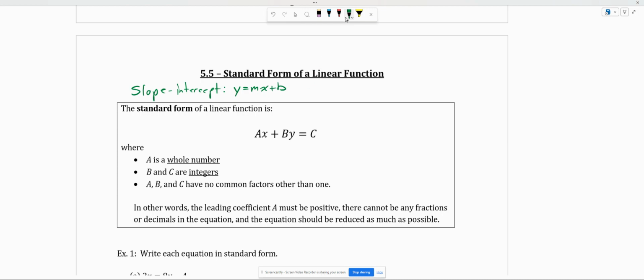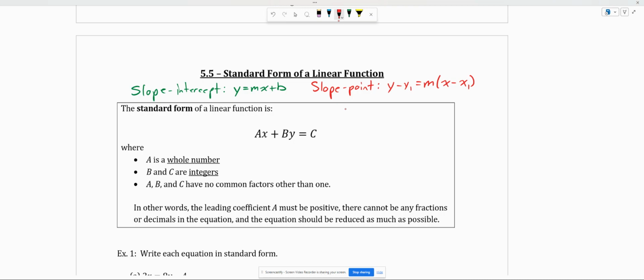We also got a second one called slope point form. Just like its name suggests, we know the slope and we know a single point on the line. It looks something like this: y minus y1 is equal to m, the slope, multiplied by x minus x1, where x1 and y1 is a point on the line.